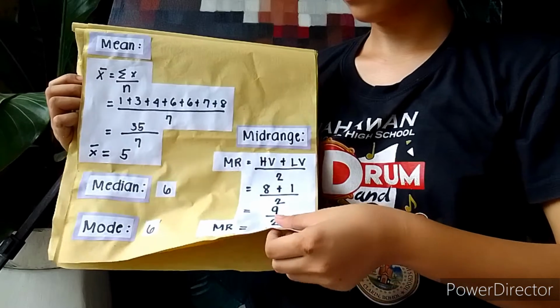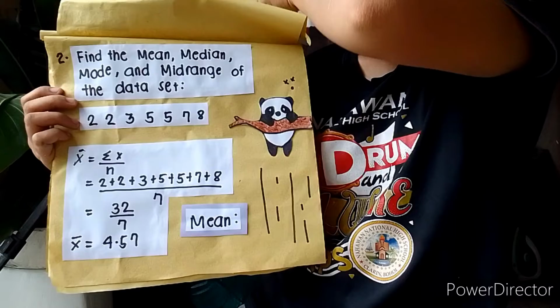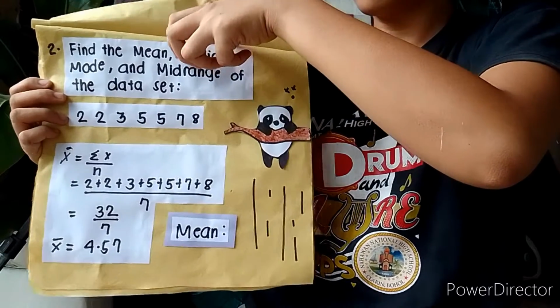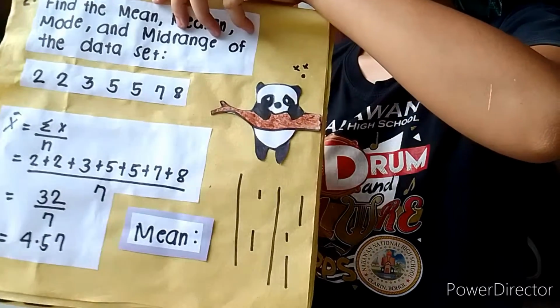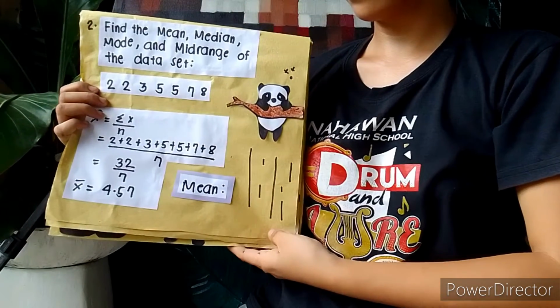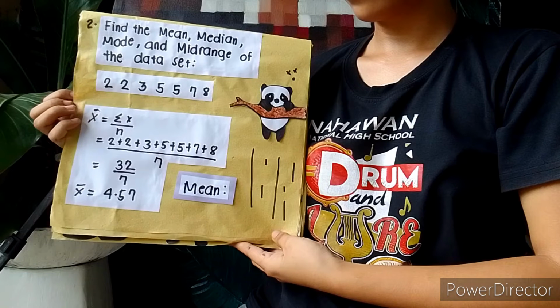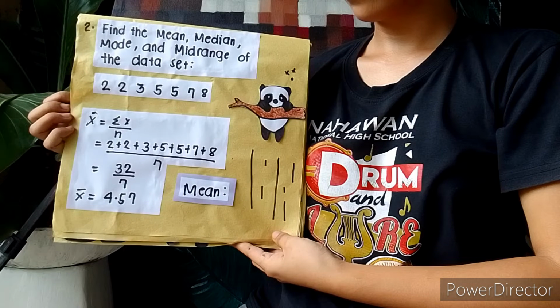Example number 2. Find the mean, median, mode, and the mid-range of the data set. 2, 2, 3, 5, 5, 7, and 8. To find the mean, we need to use the formula mean equals summation of x divided by n.